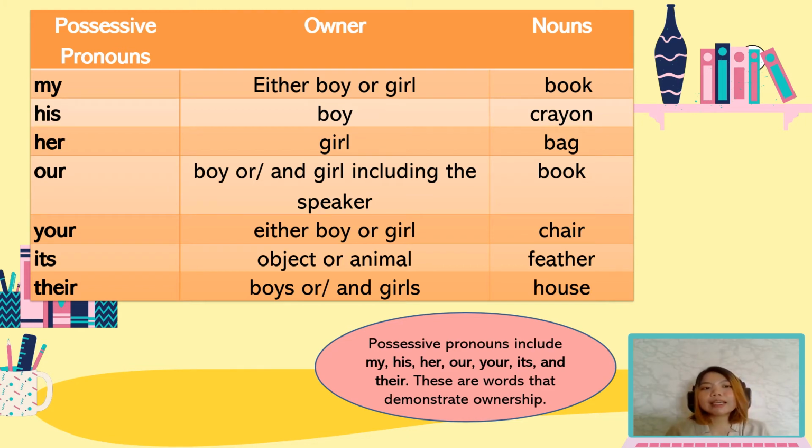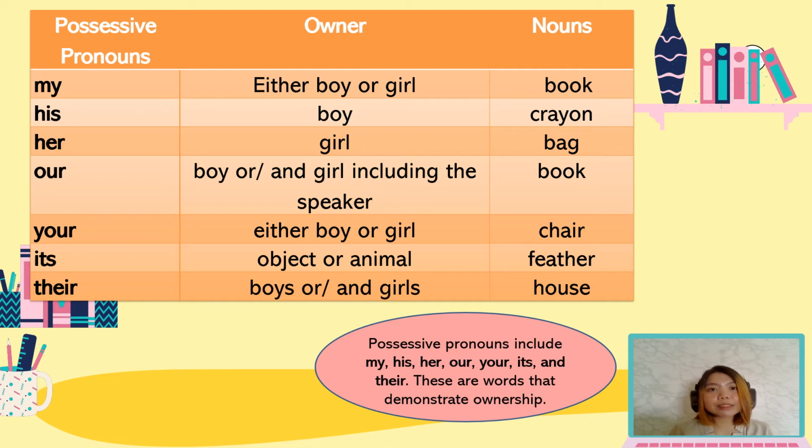Alright, now let's have the possessive pronoun his. Again, we use the possessive pronoun his if the owner of a thing is a boy, followed by a noun. For example, we have his crayon. Okay, we have possessive number 3, her.